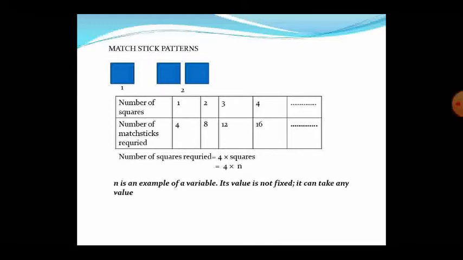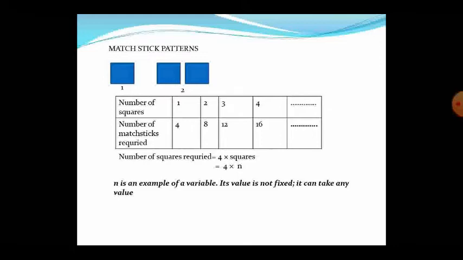Instead of n you can write 1: 4 into 1. If you need to find matchsticks for 1 square, instead of n you write 1, which means 4 into 1 is 4. You need 4 matchsticks. For 3 squares, instead of n you write 3, which means 4 into 3 is 12.